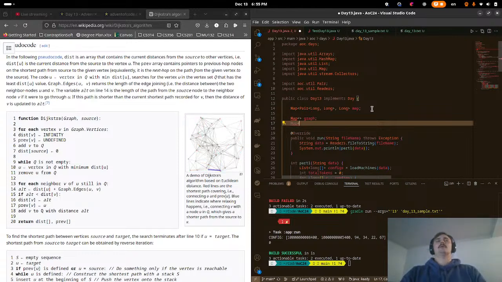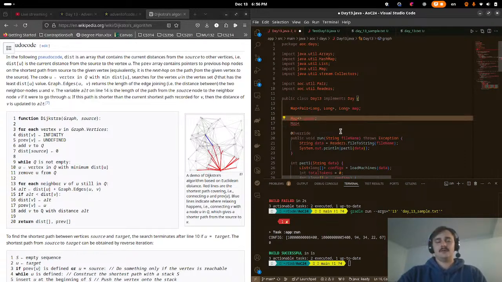And what am I mapping? A vertex. And what is a vertex? It's just a pair. So the graph is going to map a pair to a pair.